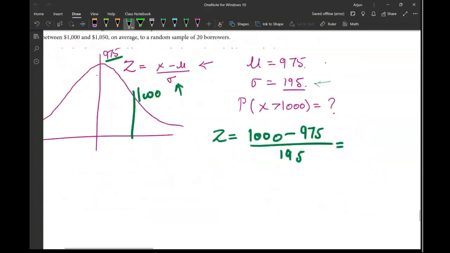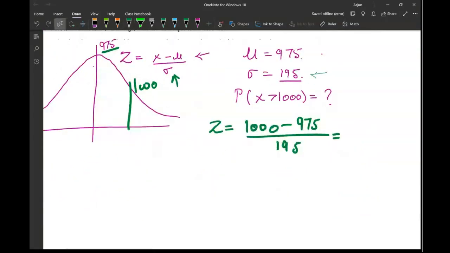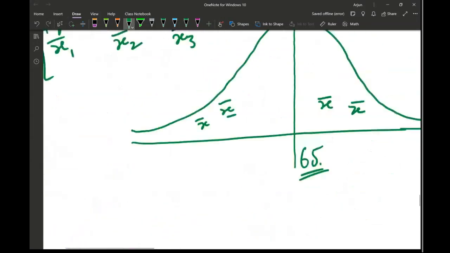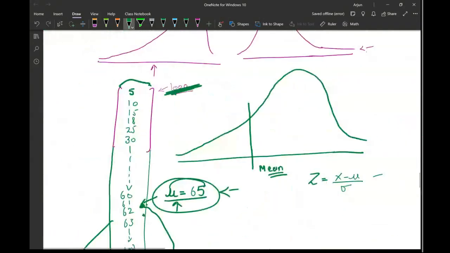So let's try and solve this one. 25, I'm going to do the calculation on my calculator. 25 divided by 195, that's going to come across as 0.1282, but I have to have the z value up to 2 decimal places, so 0.13. So corresponding to the z value, I'm going to look into the table.